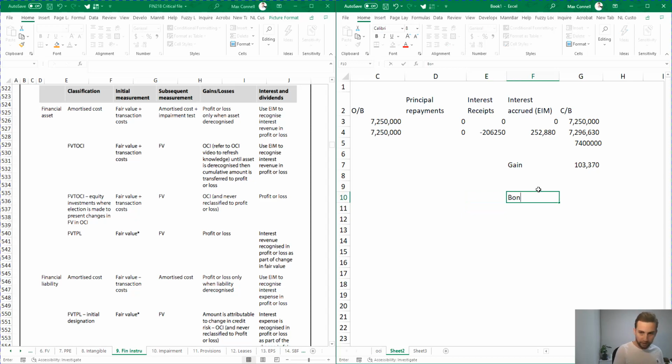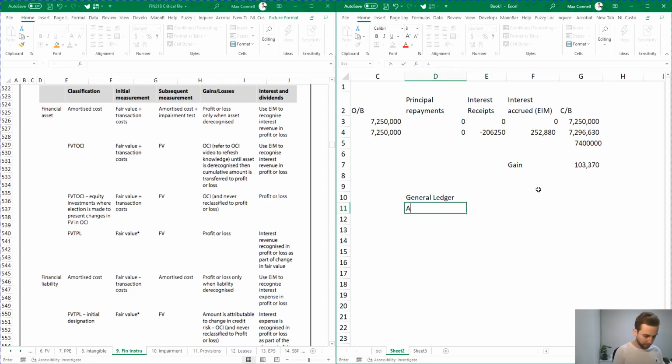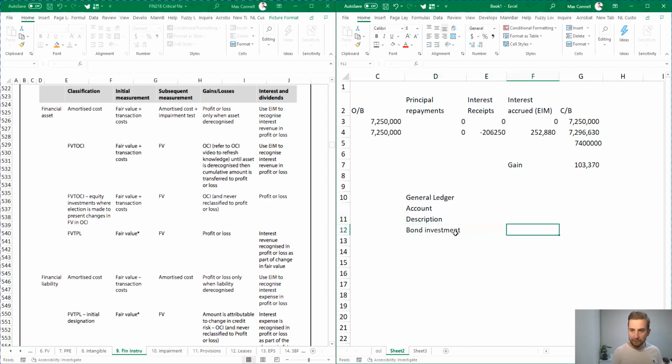So we know that the bond investment should have a value of $7.4 million because we've revalued it to that fair value.